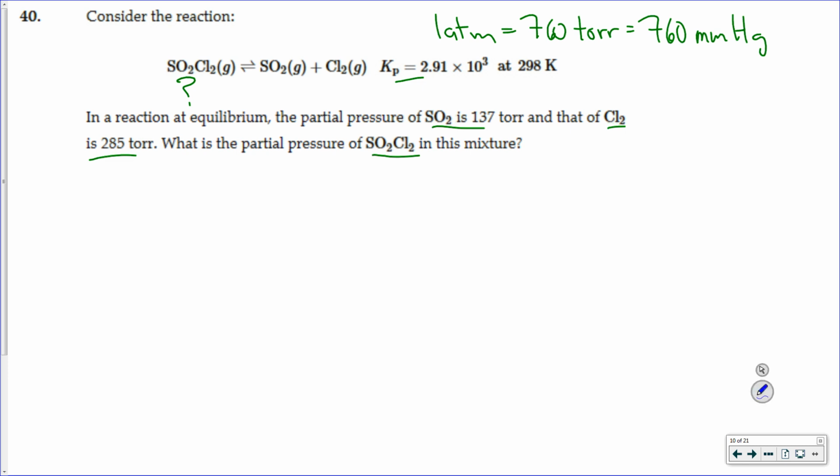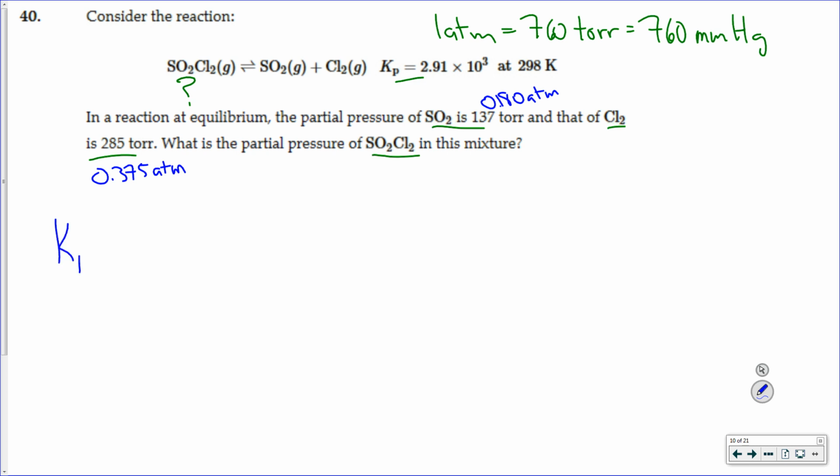So 137 divided by 760 is 0.180 atmospheres. And 285 divided by 760 is 0.0375 atmospheres.